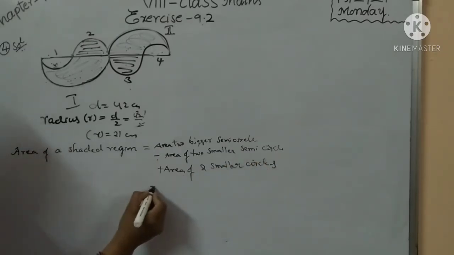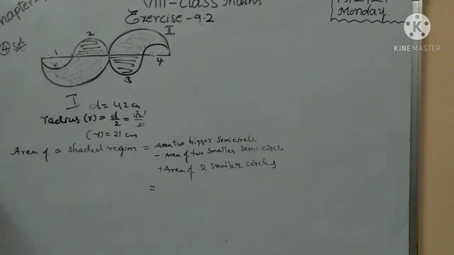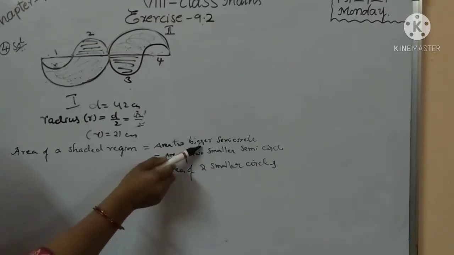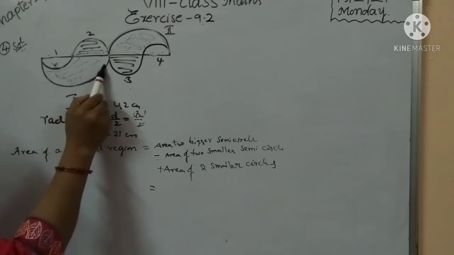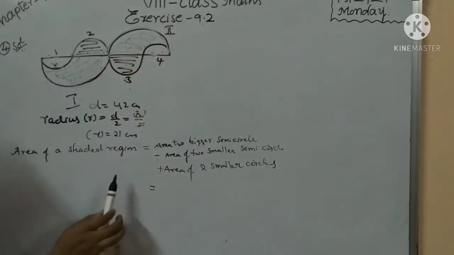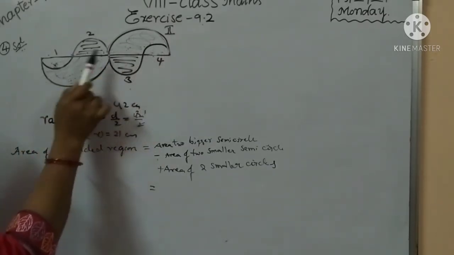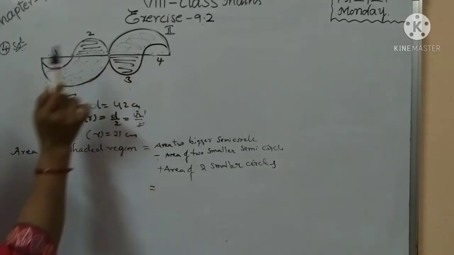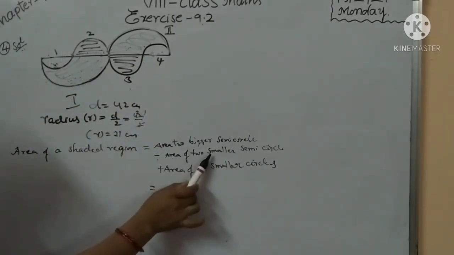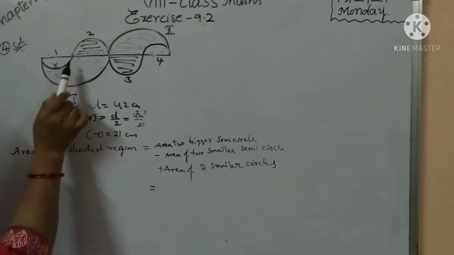So finally we should write area of two bigger semicircles. Look at the board, children. These are the two bigger semicircles, minus the two empty circles, minus the area of the two smaller semicircles.